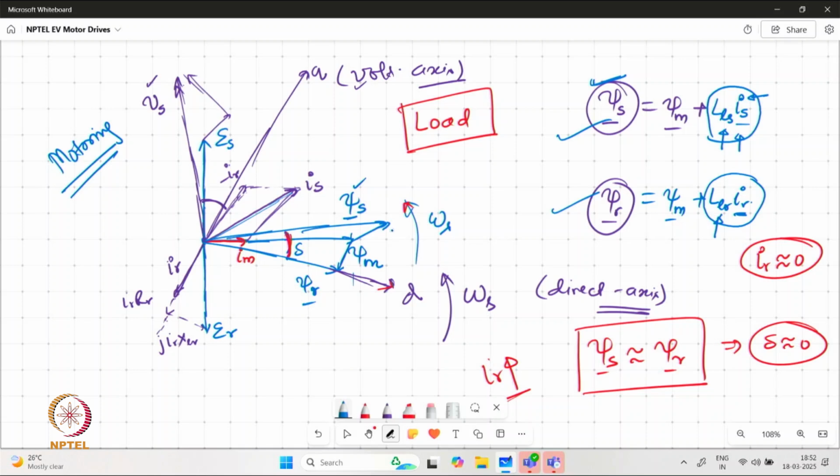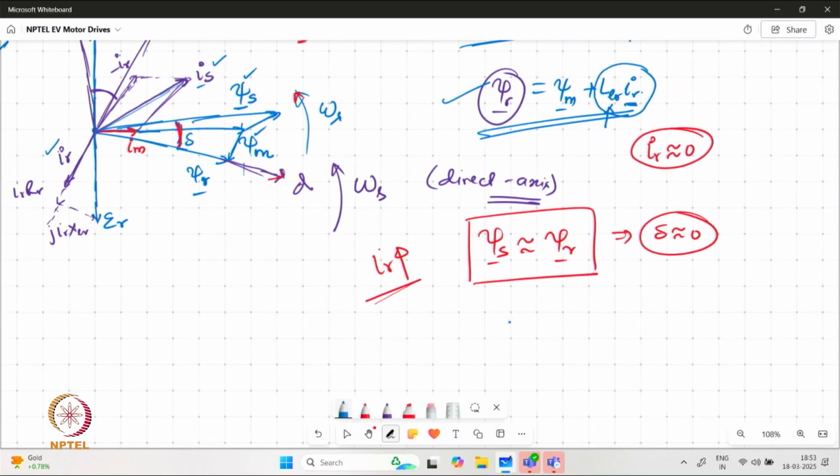So going by the usual representations, we have drawn psi-m and the relative positions of ES and ER, and then on the basis of IR we have drawn the stator current vector, and then on the basis of that, by using the additional terms with psi-m, we are able to draw the stator and rotor flux. The angle between them is called the load angle or torque angle. So the higher the value of load torque, the higher will be the value of delta.